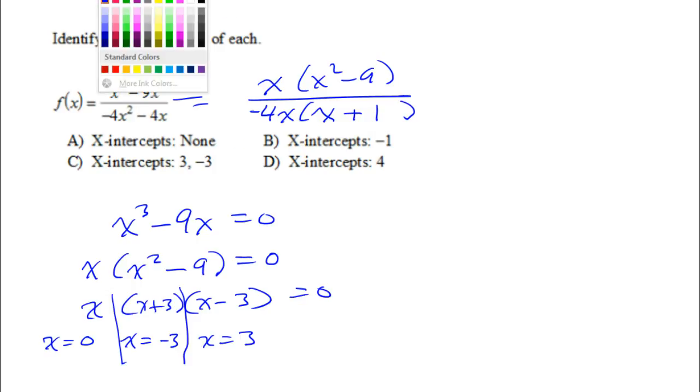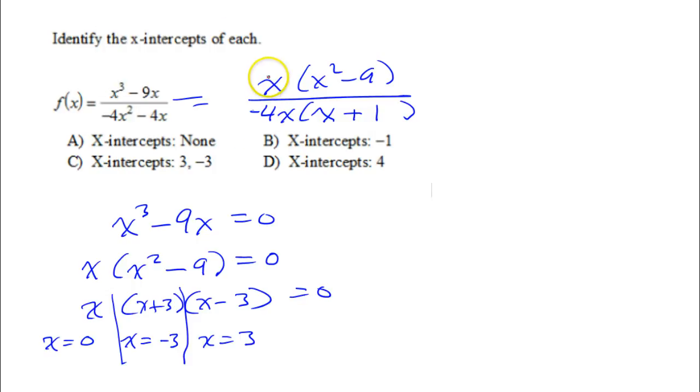But the part that matters here is that these x's are going to cancel out. So there will not be an x-intercept because these are going to cancel out. So instead of being an x-intercept, there's going to be a hole right here. So that's what's going on.